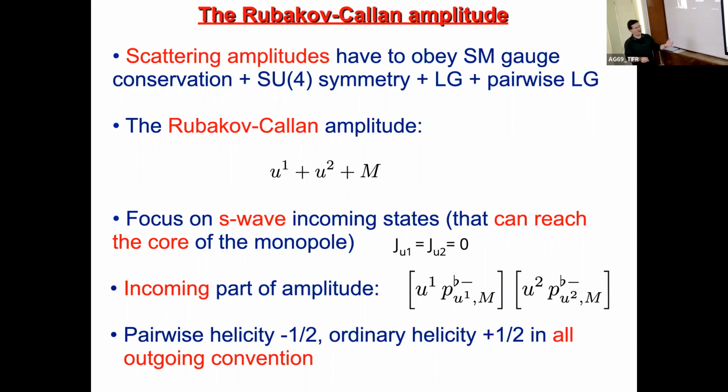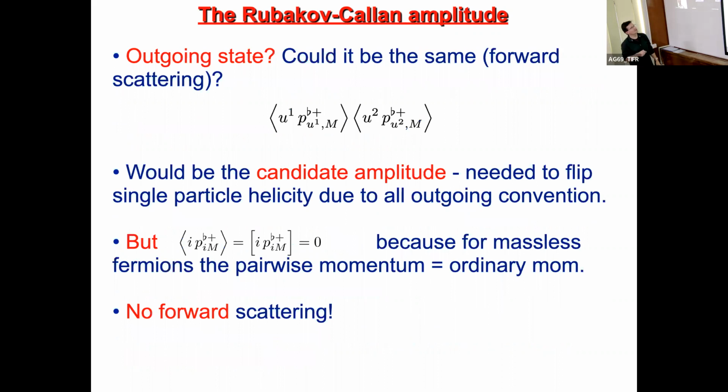Then you can go ahead and write the incoming part of the amplitude, because you're trying to generate an S wave, a zero total angular momentum, out of the first quark and the monopole. So you're going to use one of these pairwise spinor-helicity variables for the first guy, also for the second guy. So that's all good. Now the question is, what is the outgoing state? In principle, if you are naive, it could be the same if there's forward scattering.